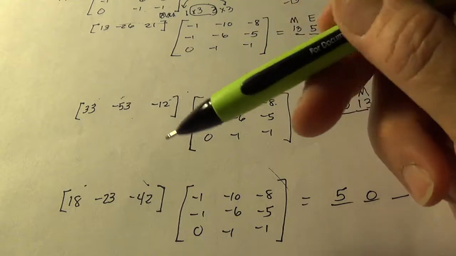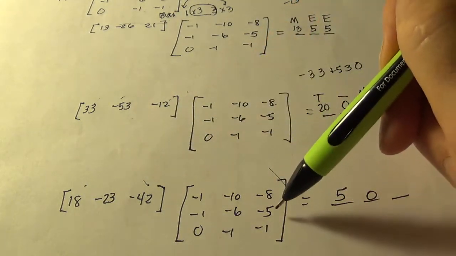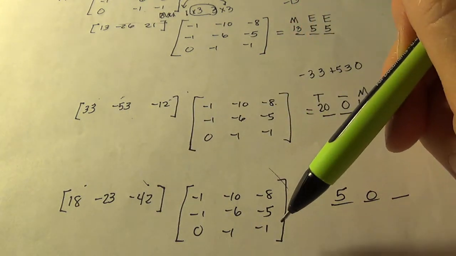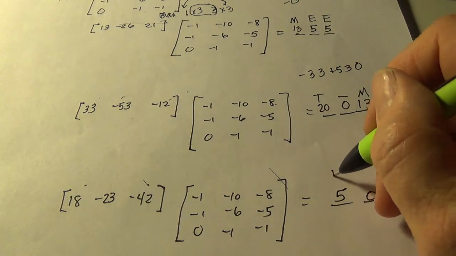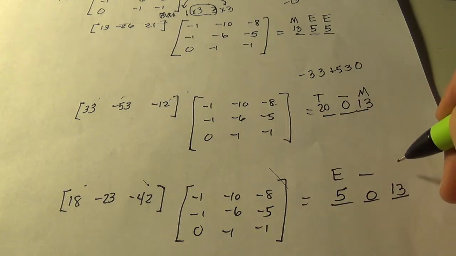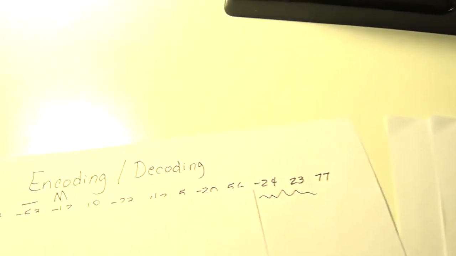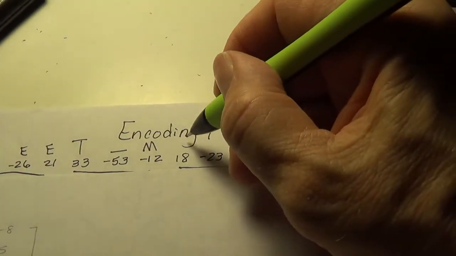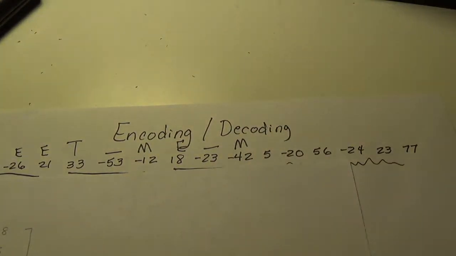And lastly for me, 18 times -8 plus -23 times -5 plus -42 times -1. So that gave me another 13. So we've got E, blank, and 13 is another M. So going back, I've got meet, me, blank, and the next part starts with an M.